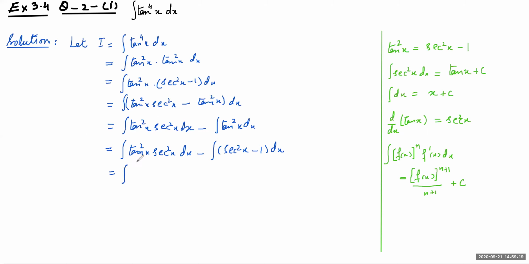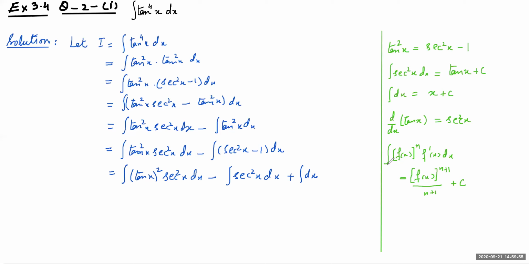So let's write these. The first integral is, and now I'm going to make just a little change in the shape of this expression. I'm going to write it as (tan x) squared into sec²x dx minus integral sec²x dx plus integral dx. The same thing, but I have written it in a different shape. Now what is the advantage of this shape?